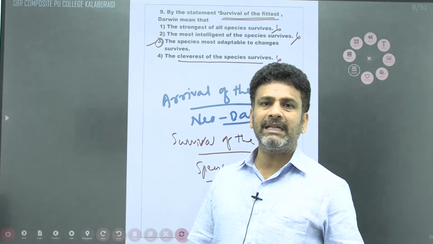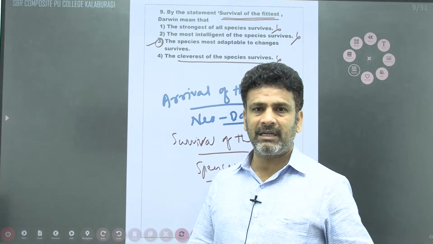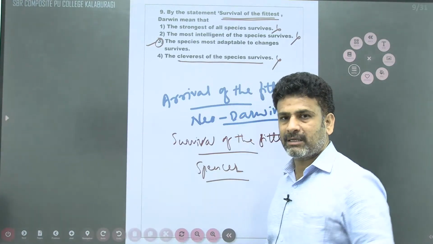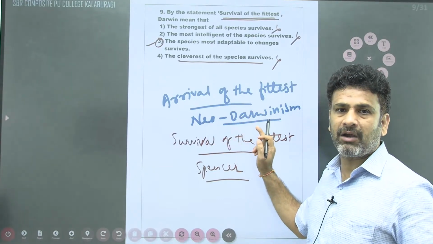Apart from that, scientists like Huxley and Haldane added their own ideas and proposed the synthetic theory of organic evolution.